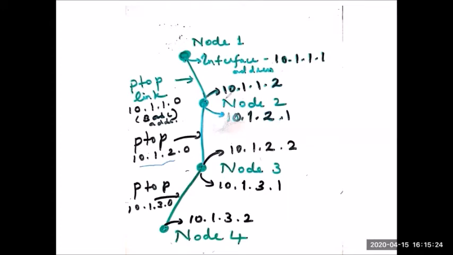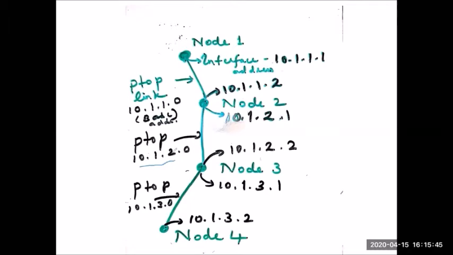So if this point-to-point link has this base address, remember it will have two interfaces. One present at node 2, the other present at node 3. The one present at node 2 will get the first address, which is 10.1.2.1. I told you the address immediately after the base address is given to the first interface.